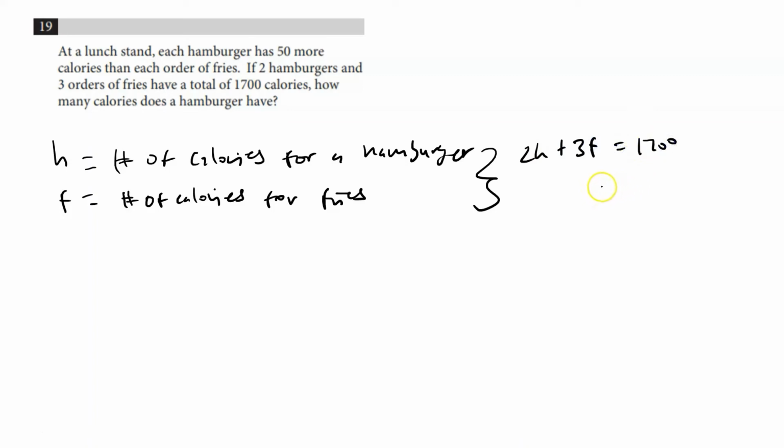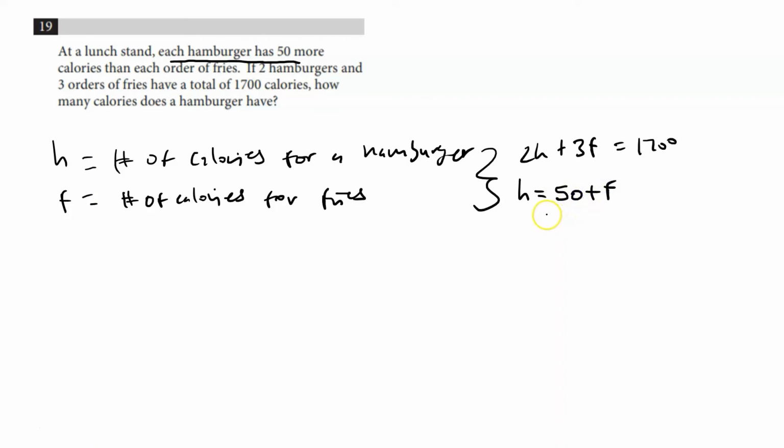But what about the other linear equation in our system of equations? We can look at our question again and read this top line, which says, each hamburger has 50 more calories than each order of fries. So hamburger equals 50 plus an order of fries.